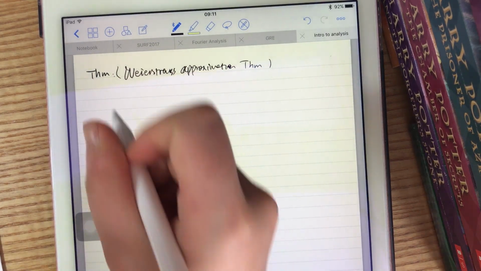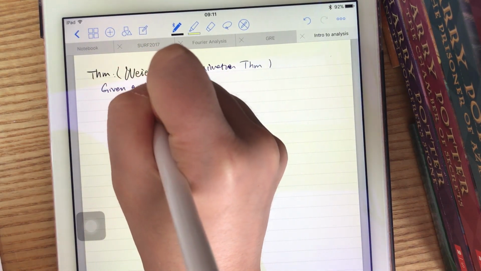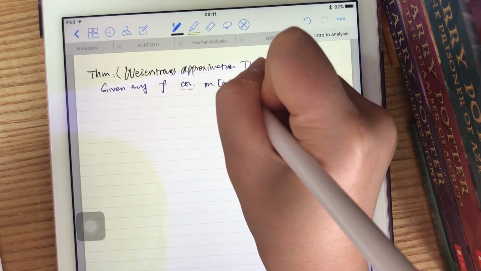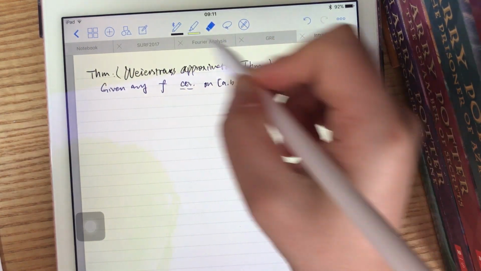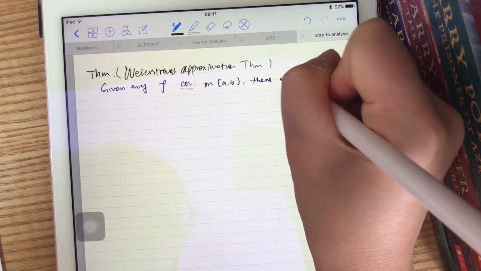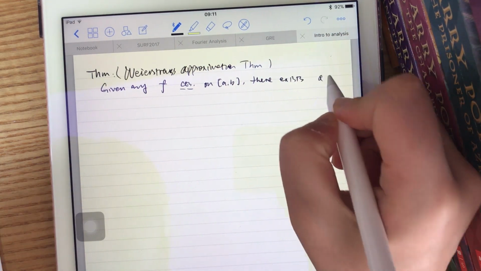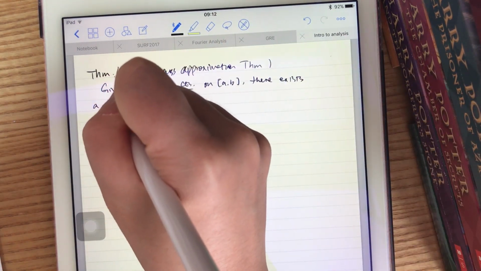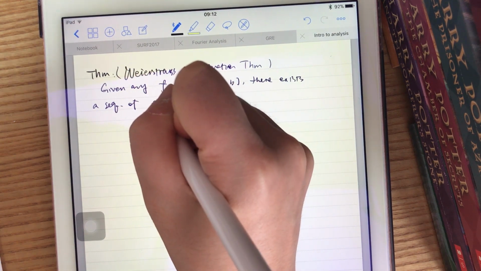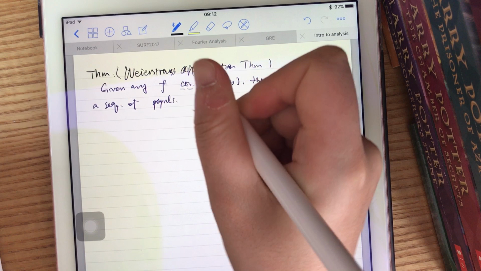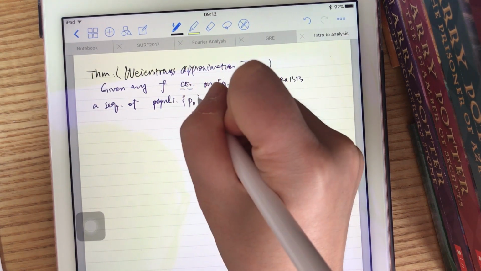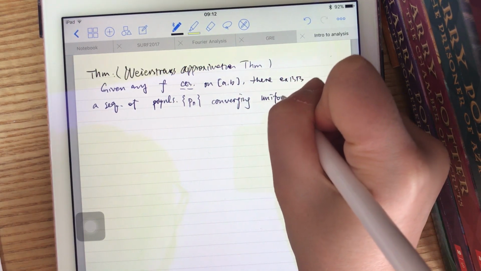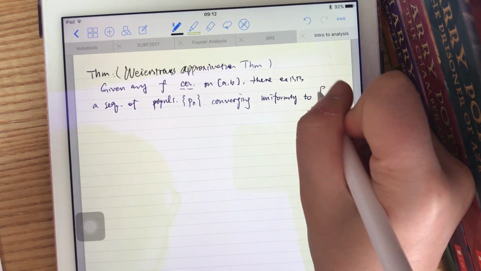It says: given any function f continuous on [a,b], there exists a sequence of polynomials p_n converging uniformly to the function f on [a,b].